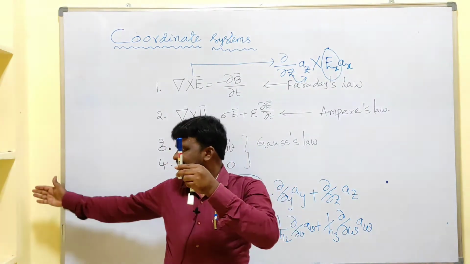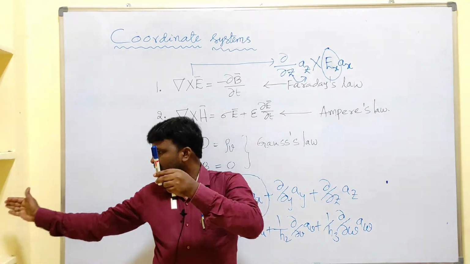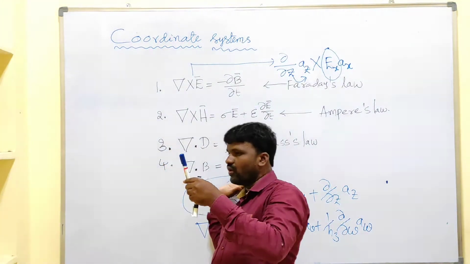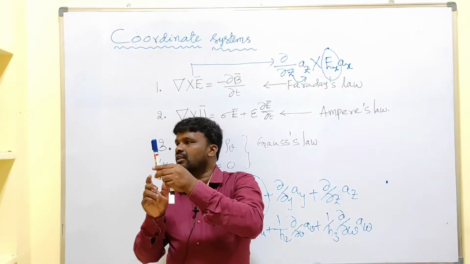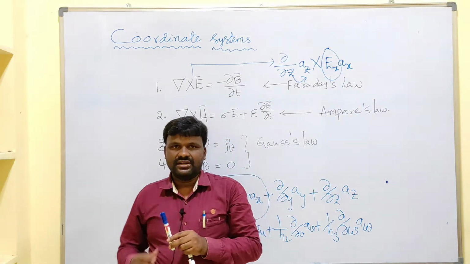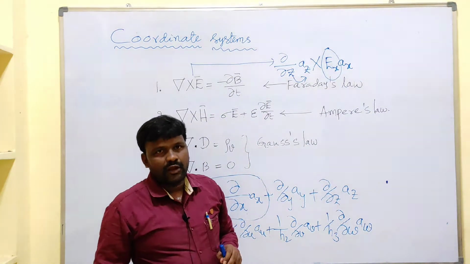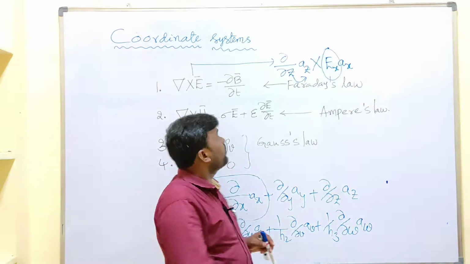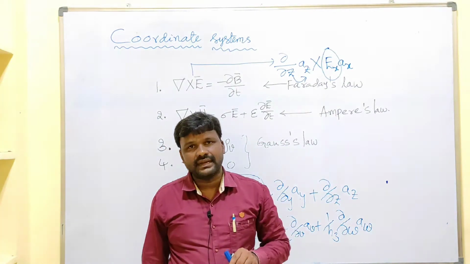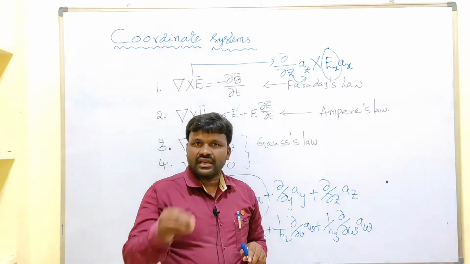Let us say this is your x-axis, this side of this wall, and this is your z-axis, this is your y-axis. Then we can represent this point as a function of x comma y comma z. So in order to represent a point in the space, we require a coordinate system. If there exists a point, we can represent a vector for that point. So that vector is called as what?